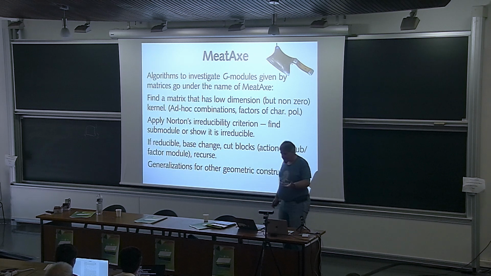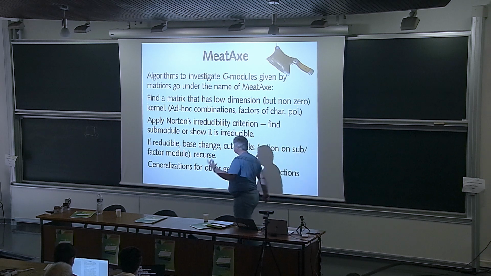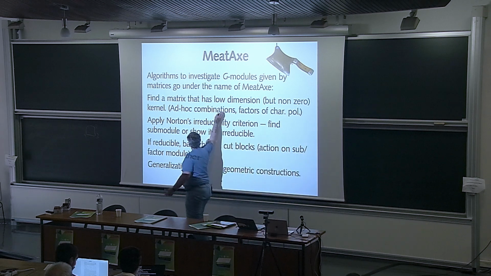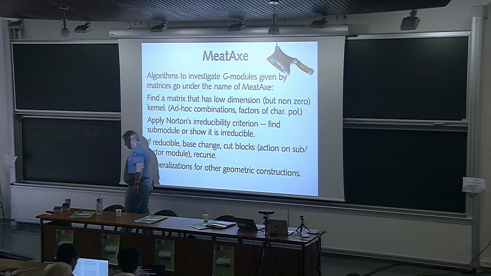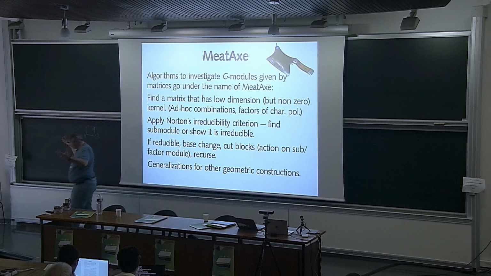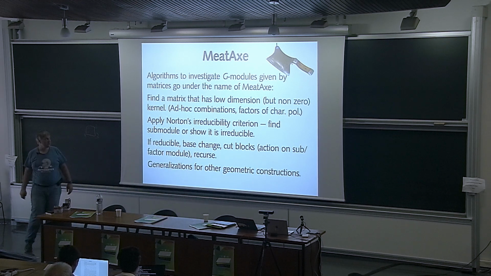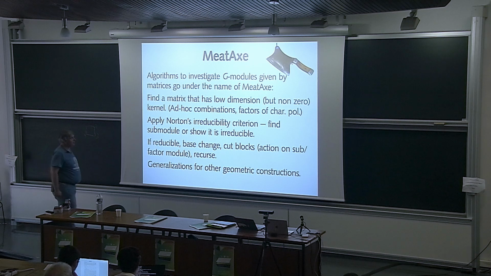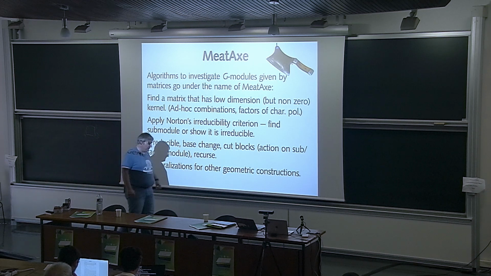Yeah, and what it does is basically it finds by random search a matrix, linear combination of products of the matrix generators of the group that has low dimensional but not zero kernel. It applies this irreducibility criterion.